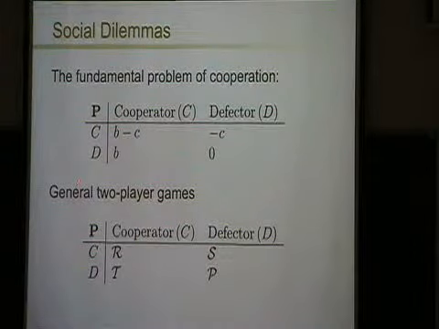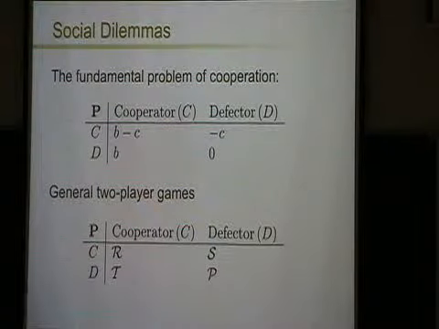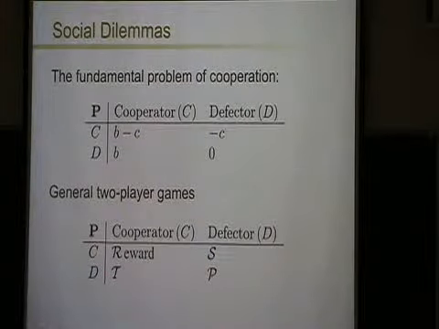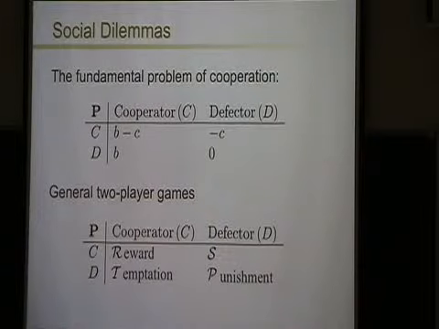You can generalize those games actually into a very general setting of 2-player games, where you would have these 4 entries. You would have one entry being a reward if you both cooperate, the other entry being a punishment if you both defect, and then if somebody else is cooperating, then you are tempted to defect, and your payoff is the temptation T, and the other guy then gets the sucker's pay.